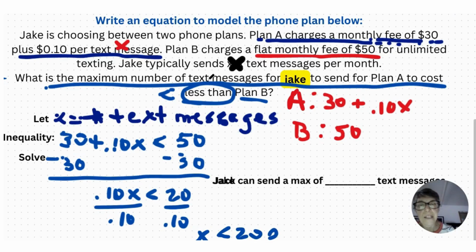Now, since this is an exclusive inequality, less than, then Jake can only send a maximum of up to 200 text messages. So his max, since you can't send a fraction of a text message, is going to be 199 text messages.